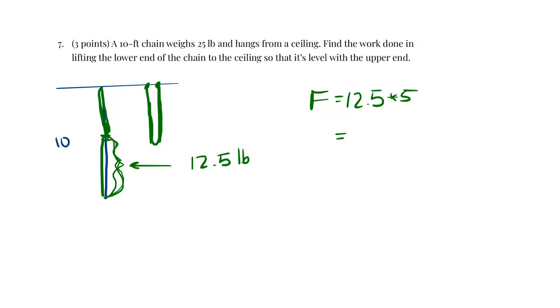So that would be 62.5. I wrote force, that should be work. It might not be obvious, just because this chain also does a rotation. So if you're not convinced by that, well, stay tuned for the next video because we're at time. I can show you another way of thinking about that.